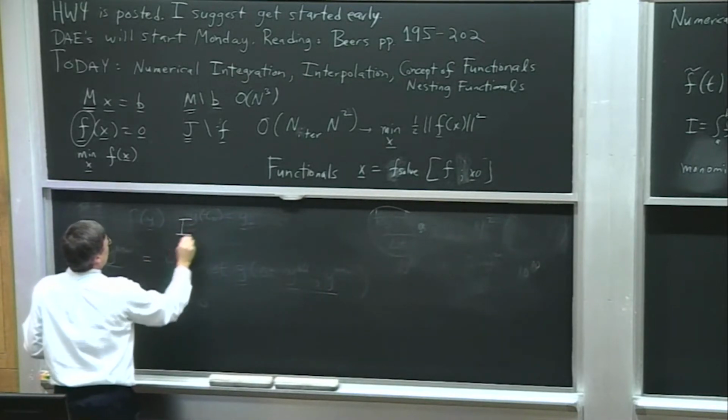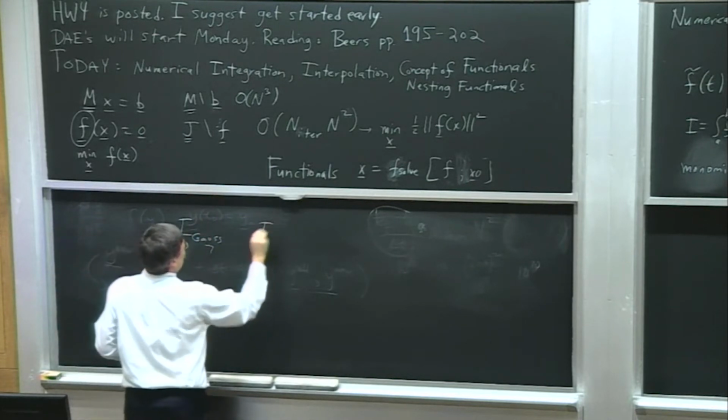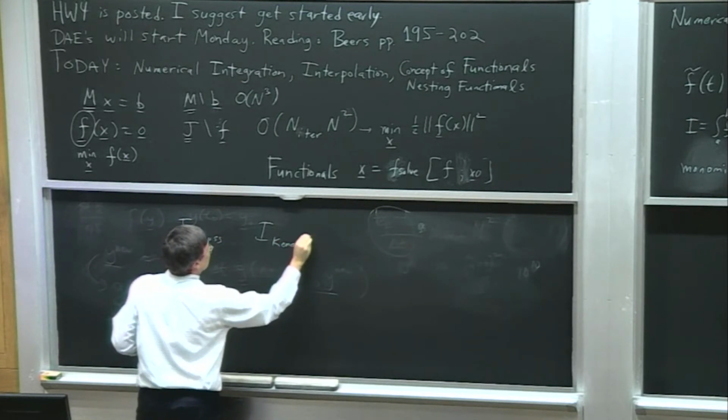So you can compute the integral I using Gauss's method with 7 points, and the I with the Kronrod method. I don't know how to spell his name, actually. I think it's like this.